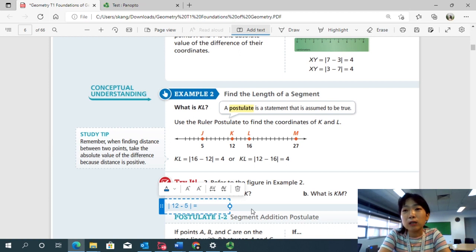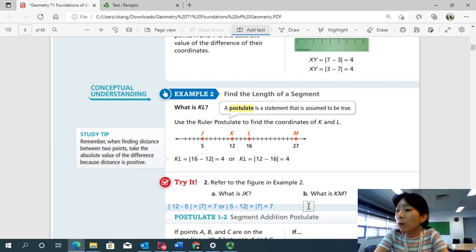But either way should work because you have an absolute value. Right? So you should have an absolute value of 7, which is just 7. Or 5 minus 12, absolute value would be absolute value of 7 anyway, which is positive 7.